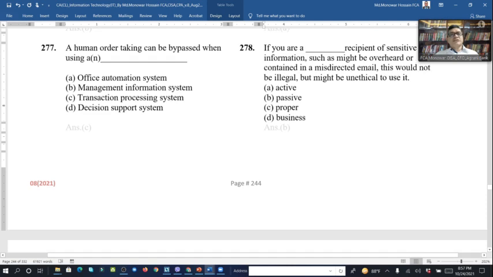A human order taking can be bypassed when using a transaction processing system.